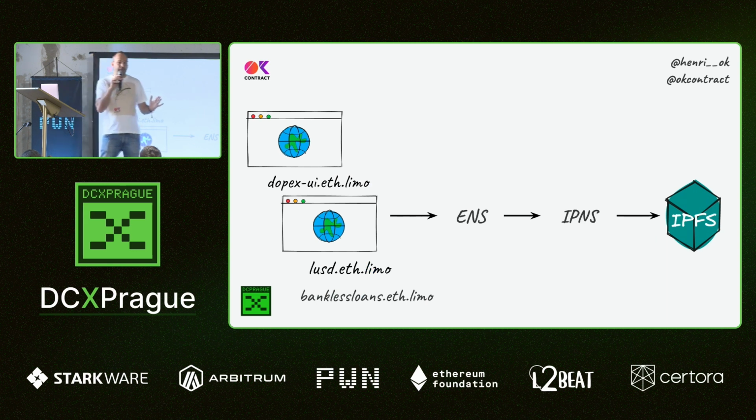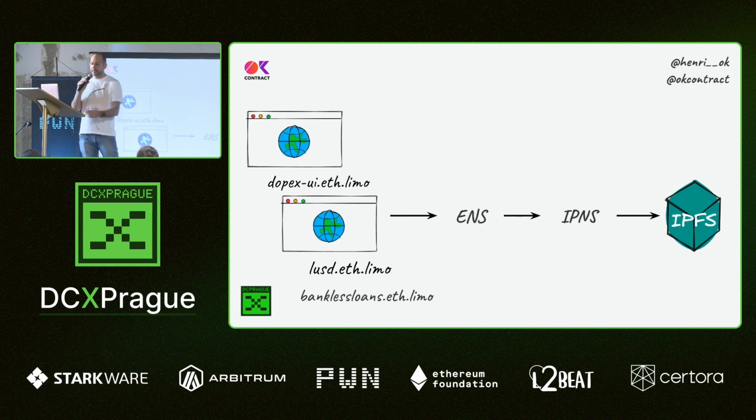Today, many projects, like DCxPrague or Liquidity, use ETH-Limo, which is basically a way to properly support ENS to IPNS to IPFS redirection for browsers that don't support it, because hopefully one day we will have native ENS resolution in all browsers, and then of course that will be even easier.